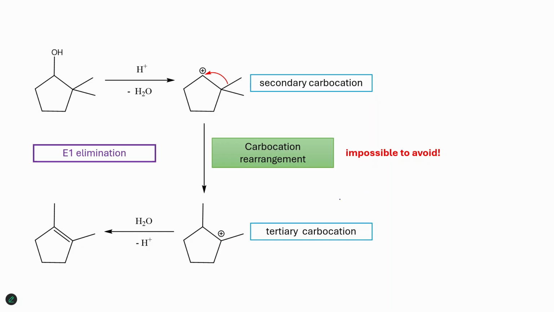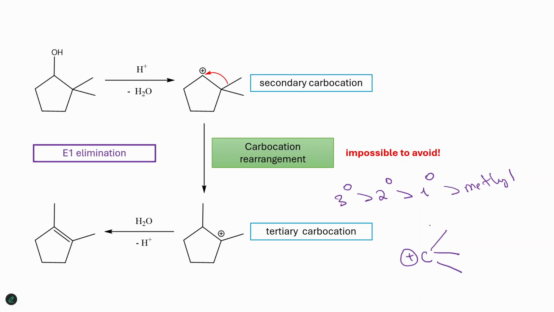So always a tertiary, third degree carbocation is more stable than the secondary, which is more stable than primary, which is more stable than methyl. So the reason why we are having this trend is because when you have a tertiary carbocation, you have a positive charge on a carbon surrounded by, let's say, 3 alkyl groups.